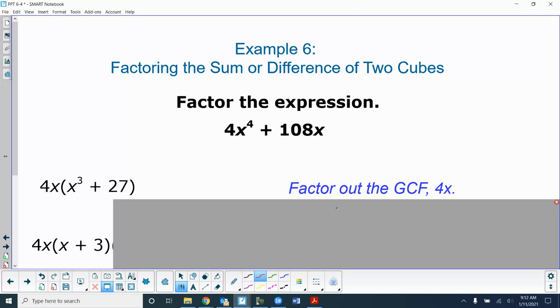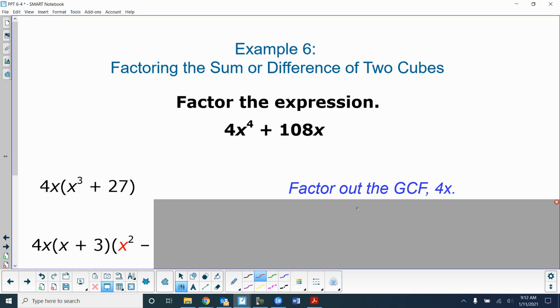What do I do to this to get the first term? Square it. So what's x times x? X squared. So that's a plus. What's the middle? Minus. Very good. How do I get the middle? Multiply.